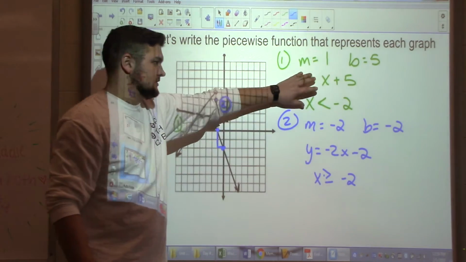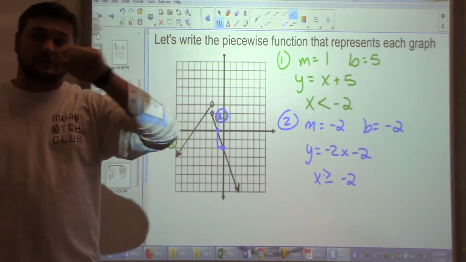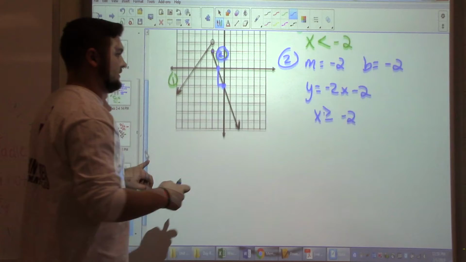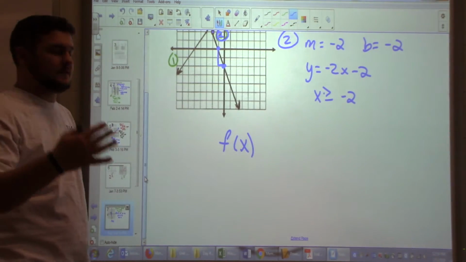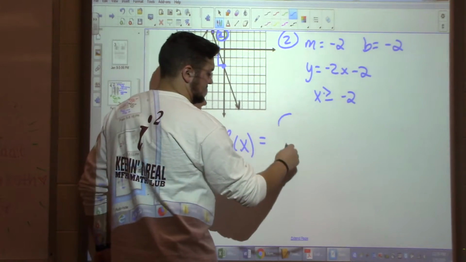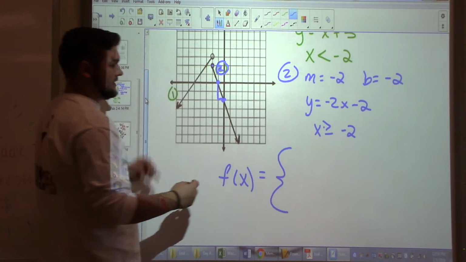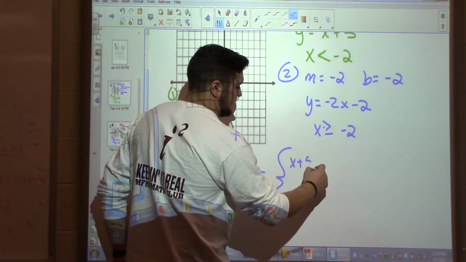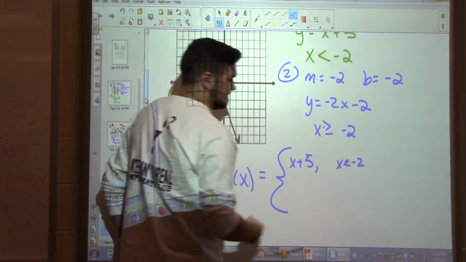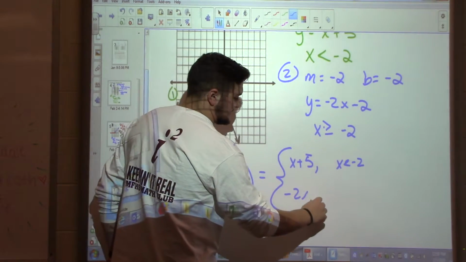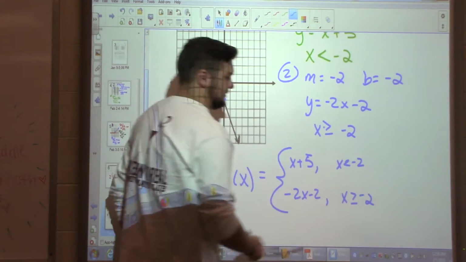Do not leave it like this. Yes, you have a lot of great information here, but that is not an answer. Right? We need to write our piecewise function. I'm going to use f of x. You can use g of x, h of x, whatever you want. f of x equals, in our nice little bracket here, list them out. x plus 5, comma, x less than -2. -2x minus 2, comma, x greater than or equal to -2.